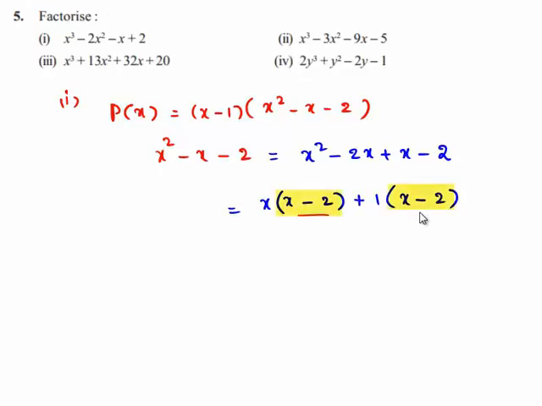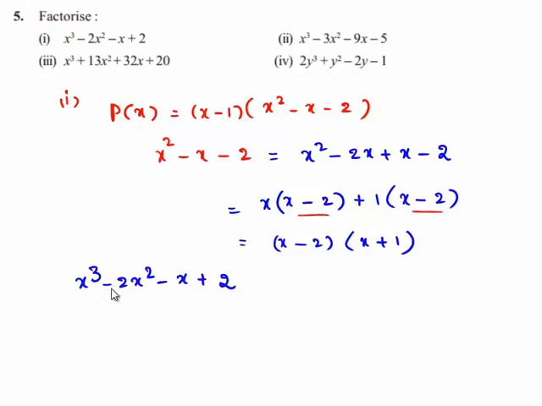So taking x minus 2 as a common, we get x minus 2 times x plus 1. So the given quadratic polynomial x square minus x minus 2 can be factorized of the form x minus 2 times x plus 1.